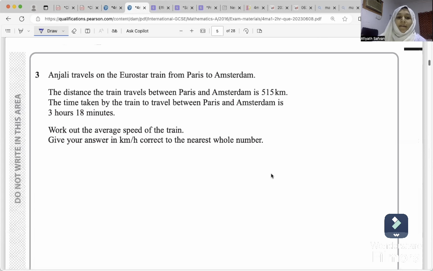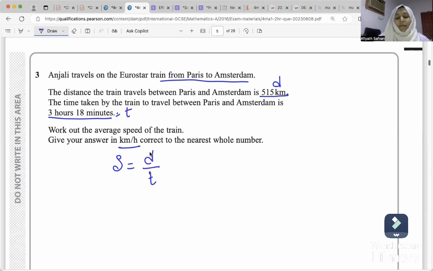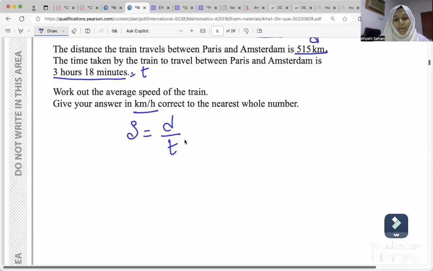Next, Anjali travels on the Eurostar train from Paris to Amsterdam. The distance is given as 515, and the time is given as 3 hours and 18 minutes. You need to convert the given values to kilometers per hour. The distance is already in kilometers, but you have to convert the time, 3 hours 18 minutes, into hours. We know that speed is equal to distance over time.